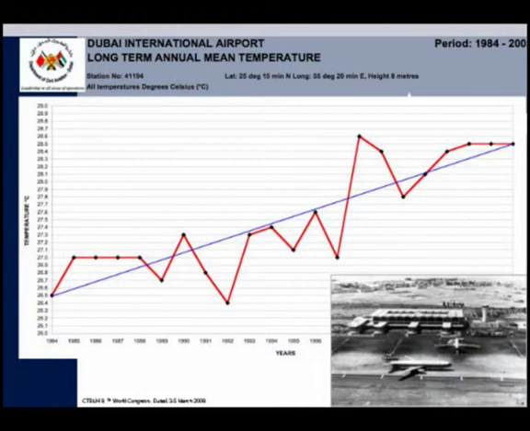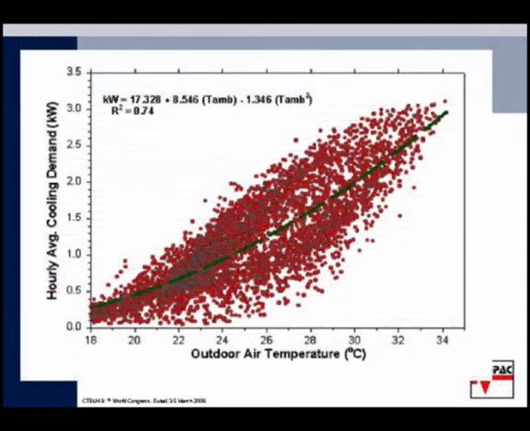But I don't believe this is because of the general change in the climate, but the change in the material they are using and the urbanization process has contributed a lot, but there are a lot of ups and downs which we are seeing. And there is a temperature increase. Each temperature increase requires a lot of cooling demand, and any decrease of 1 degree centigrade corresponds to a reduction in cooling demand.